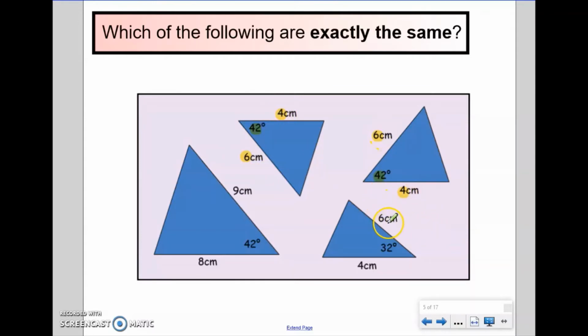If I go down here, yes, I've got a length of 6 and I've got a length of 4, but the angle enclosed is 32. So this angle is too small. It is not exactly the same shape as these two. So now I can confidently say that this shape and this shape are congruent. They are exactly the same. These two are not congruent.